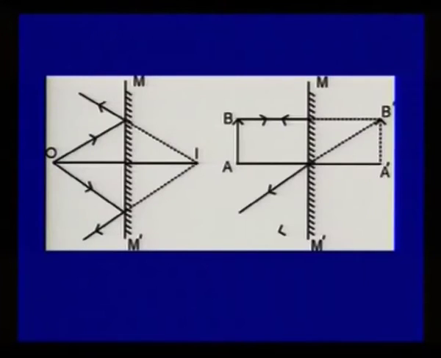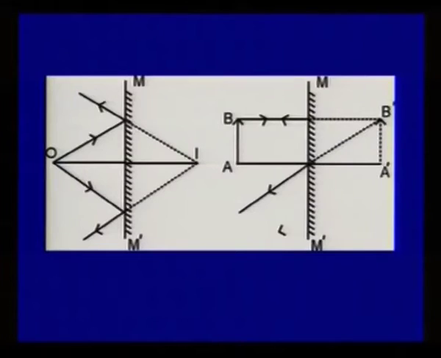In this diagram, there is a mirror MM', object O, and image formed I. Here light is coming from object O and reflects back in the same medium, but appears to meet at I. So I is the image of O, but actually no light reaches here. So this image is known as a virtual image. In the next diagram, you can see object AB and its image A'B', which is formed due to the mirror. Again, the same case is there.